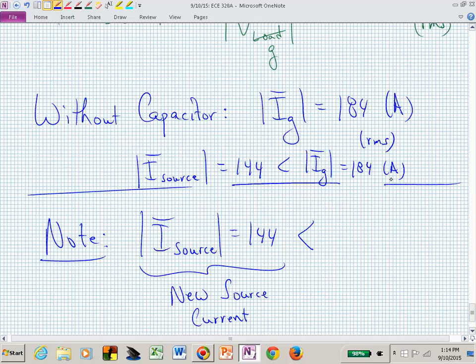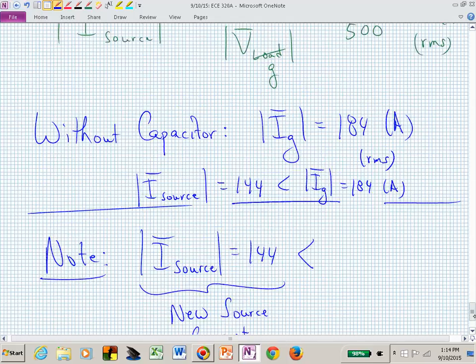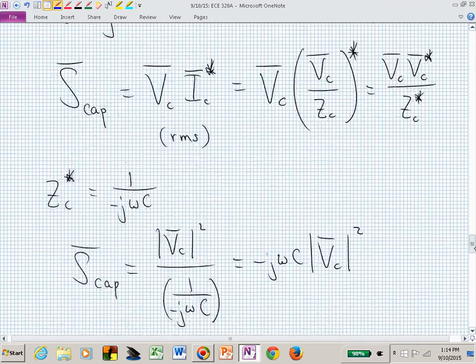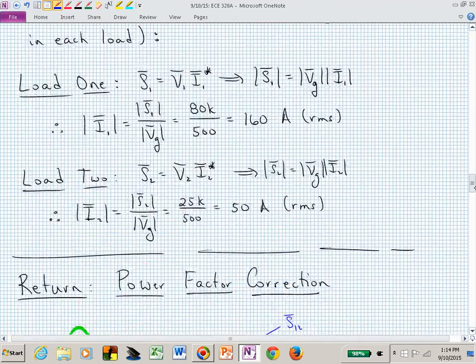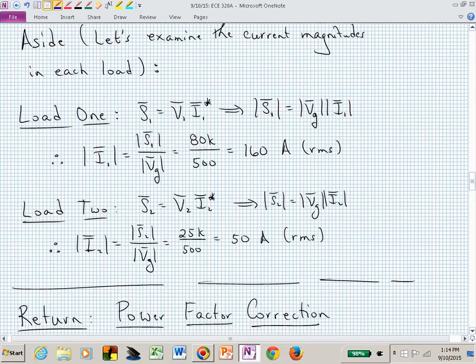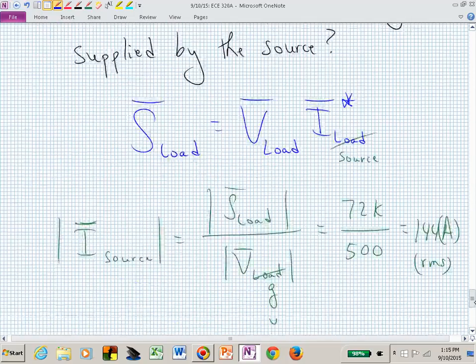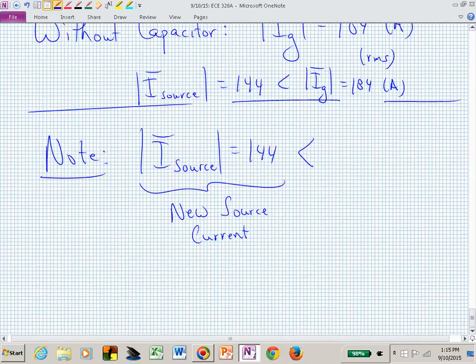But we can even look back at what we were doing when we went a little bit aside. And what was load 1's current? 160, what? 160. What in the world? The source is giving us 144.